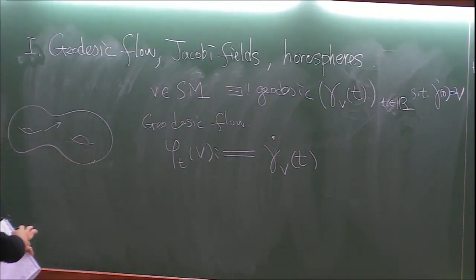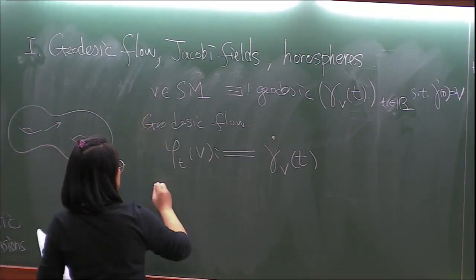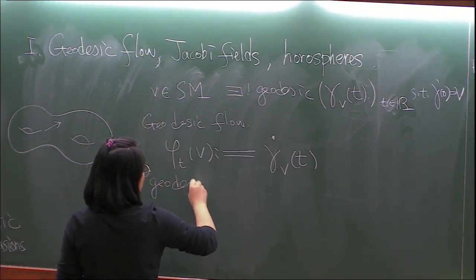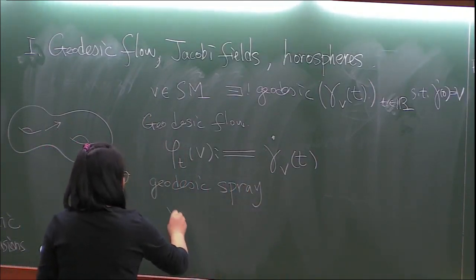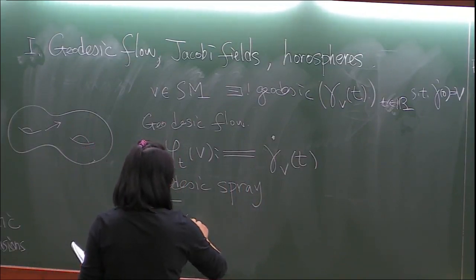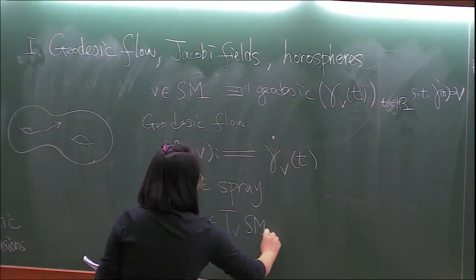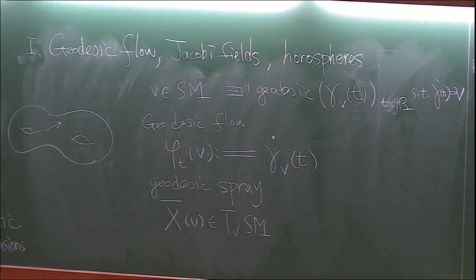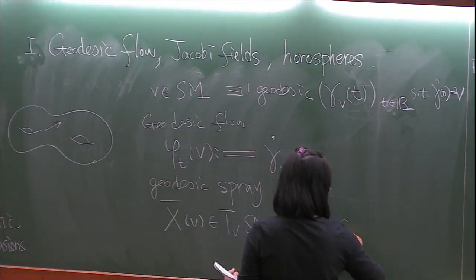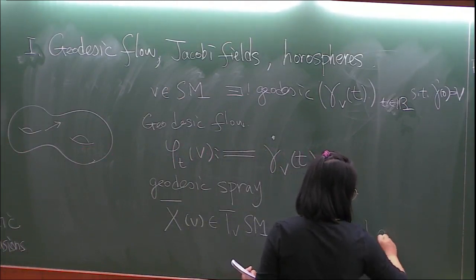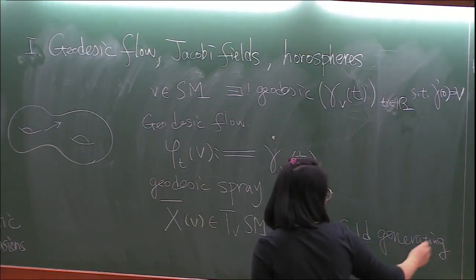For this flow, you have a vector field which generates it. This is called the geodesic spray. We always use this notation, X bar at v. This is in the tangent space, the vector field generating phi t.